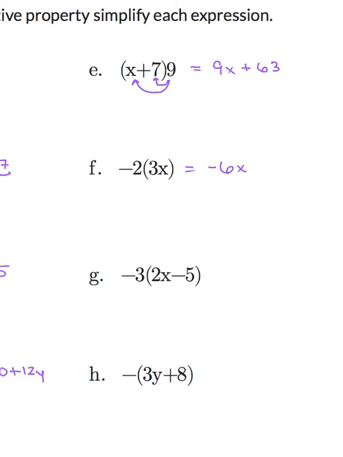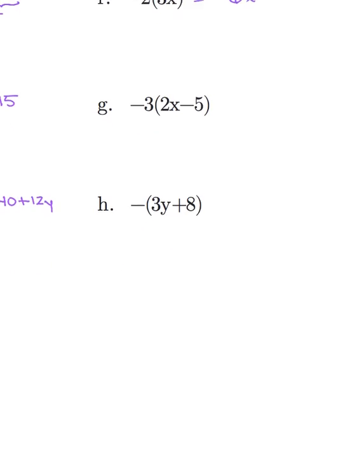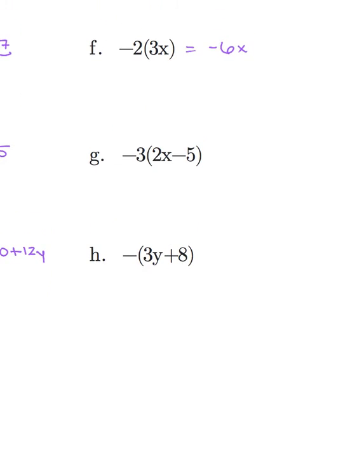Okay, if we go ahead and look at example G now, we have negative 3 times 2x minus 5 inside parentheses. We want to distribute, and we also want to make sure that we remember to distribute the negative that is with the 3 as well. We're going to multiply everything by negative 3.